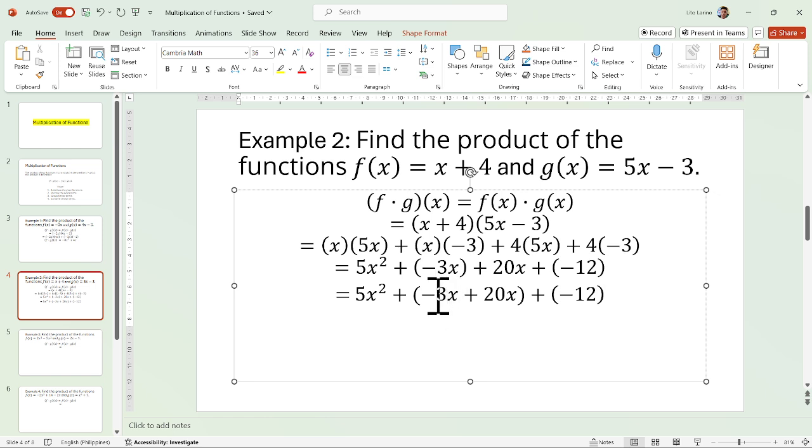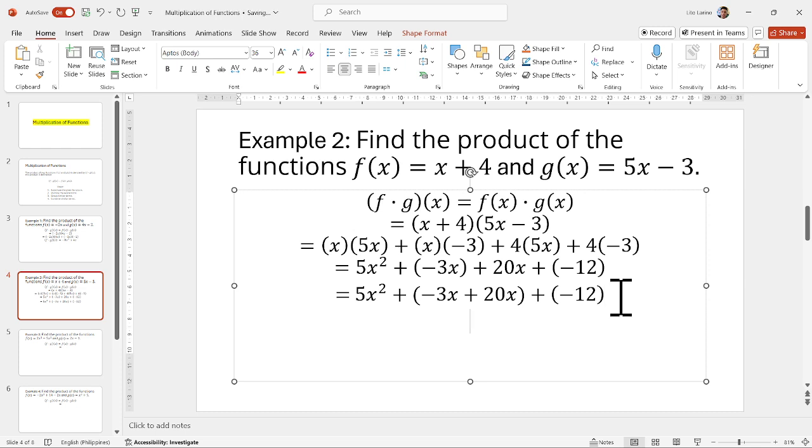As you can see, we have negative 3x plus 20x, for you to better grasp the idea of adding polynomials. Okay, we have 5x squared plus negative 3x plus 20x plus negative 12. And that is equal to grouping similar terms. We have 5x squared plus negative 3x plus 20x plus negative 12.